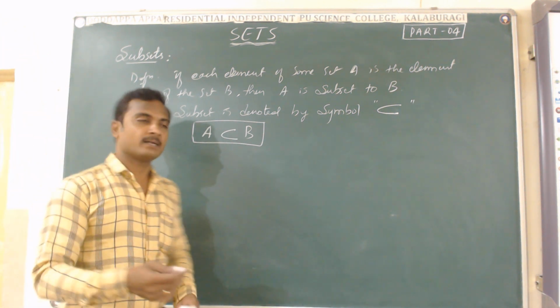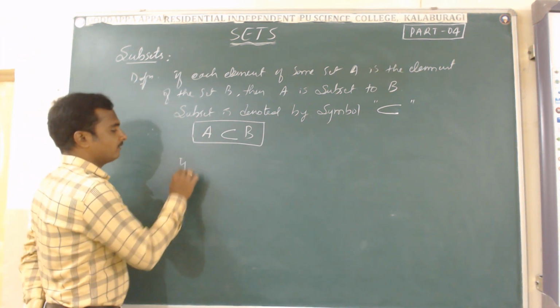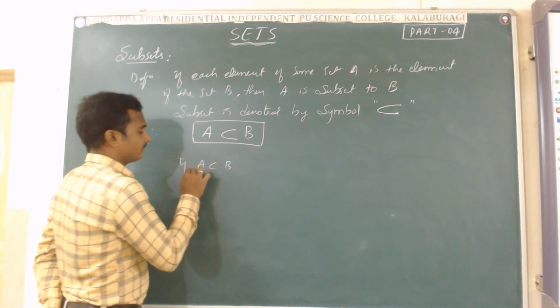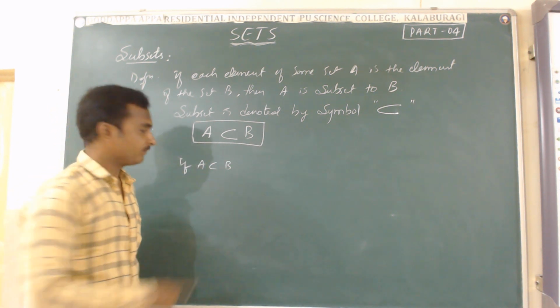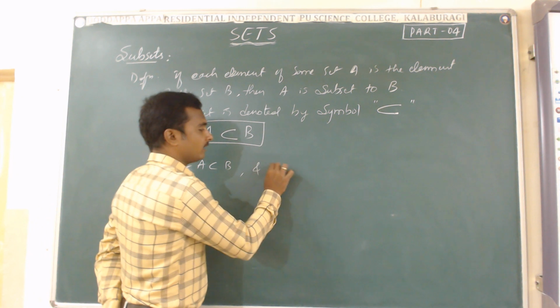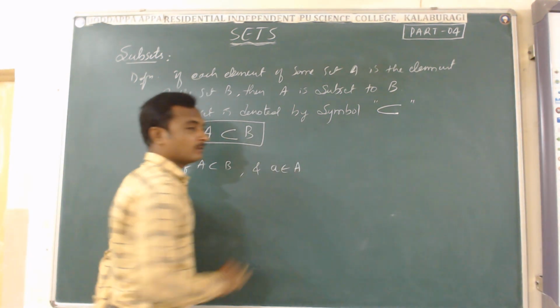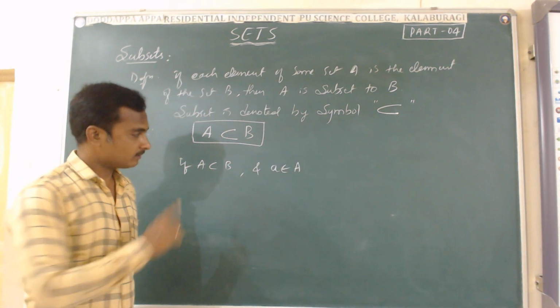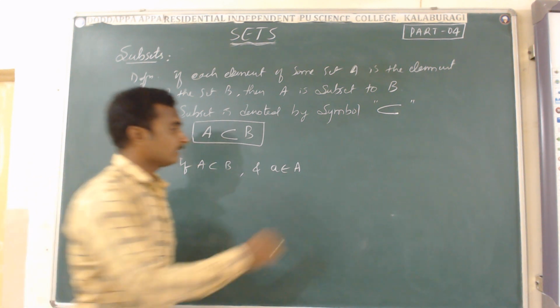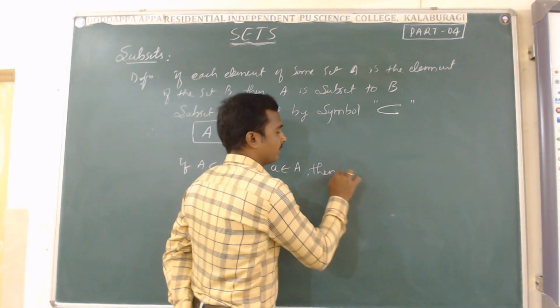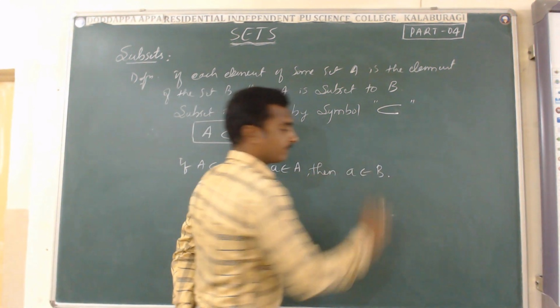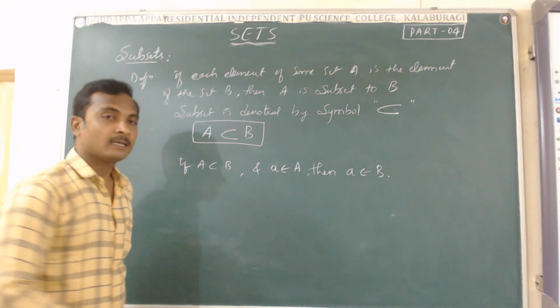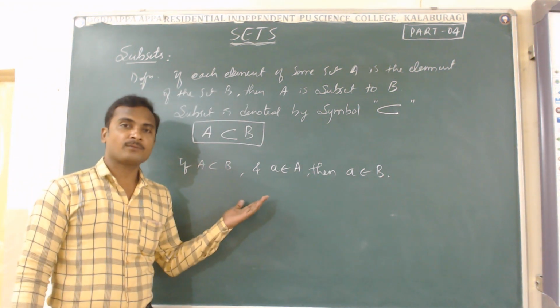In other words, if A is a subset of B and if a belongs to the set A, then compulsorily a must be an element of the set B. So this is the technical expression of the subset.